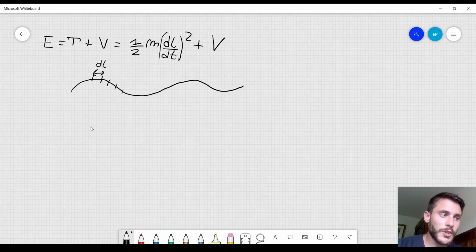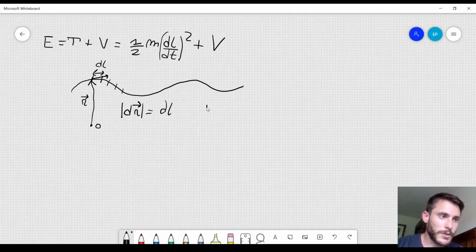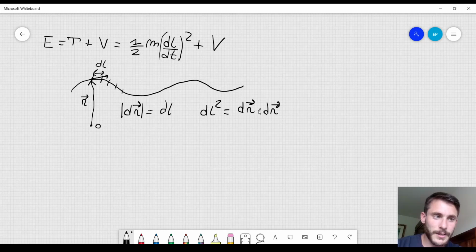And if I consider, for example, an origin here, this position vector, which I can call r, describes the position of each point on the trajectory, on the curve. And therefore the differential dr is the vector that's tangent to the curve, and its magnitude is equal to dl. So dl squared can also be thought of as the dot product of dr with itself, dr dot dr.